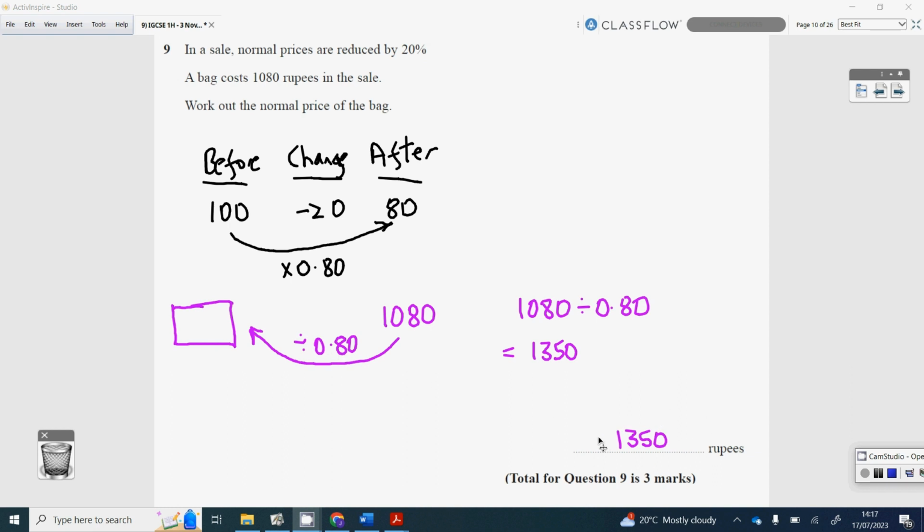So always, step 1, work out your multiplier as if you were going left to right. Then step 2, decide whether you've got to multiply or divide by this. If you're going left to right, you multiply. If you're going right to left, you divide. So 1080 divided by 0.80 is 1350.